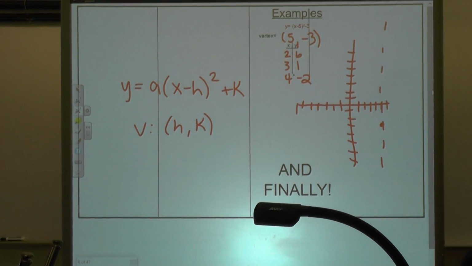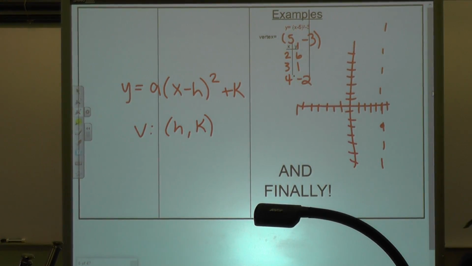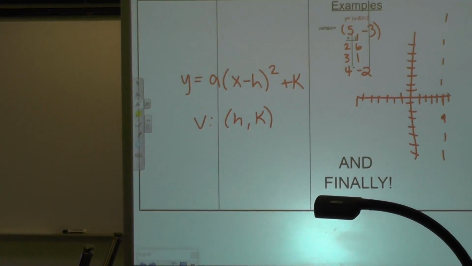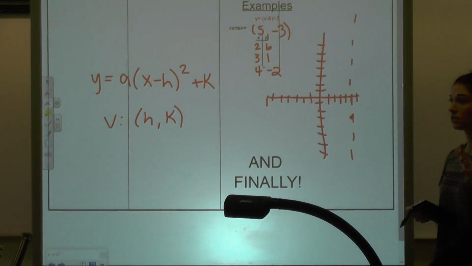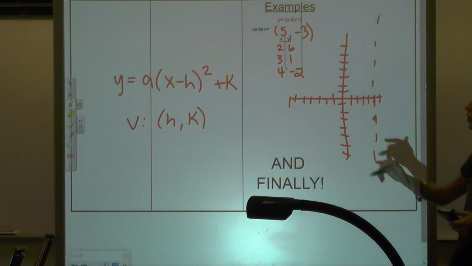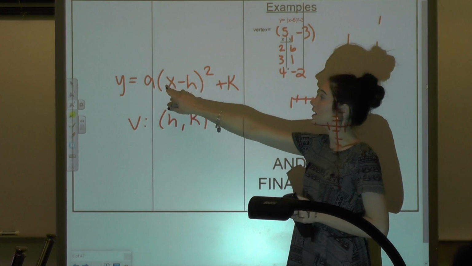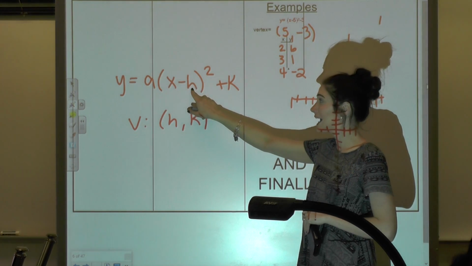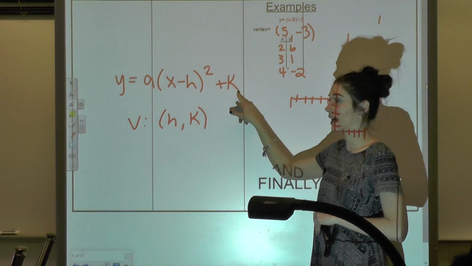So, the first step we did was we found the vertex. Vertex is always (h, k). Do you know how we found the vertex? Your formula is y equals a(x minus h) squared plus k.